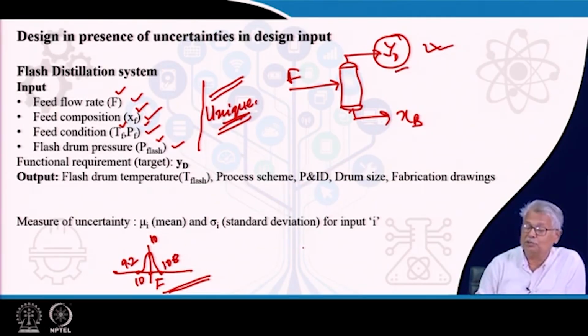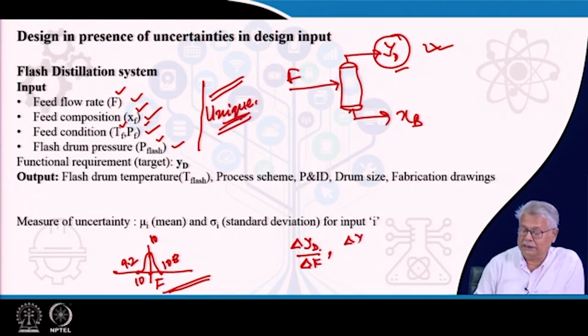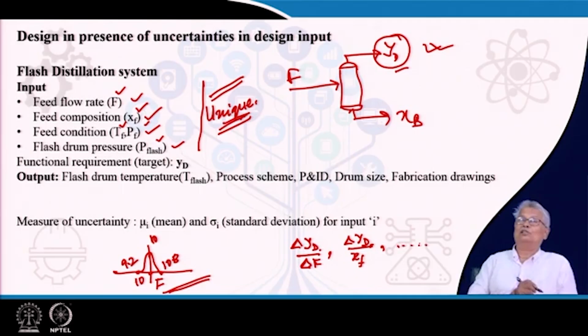That means, we are supposed to report variations in YD with respect to the change in F, the change in YD with respect to changes in XF, and naturally so on. As long as the changes are small, it is easy and it is linear, and you can very easily either do a simulation or repeat a hand calculation and you find out.